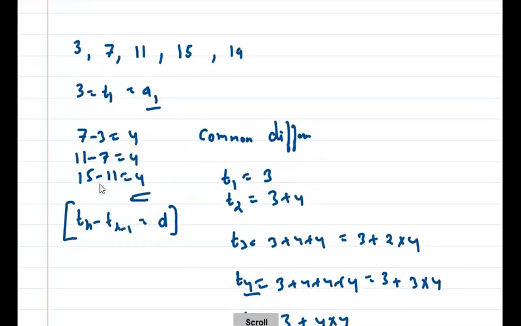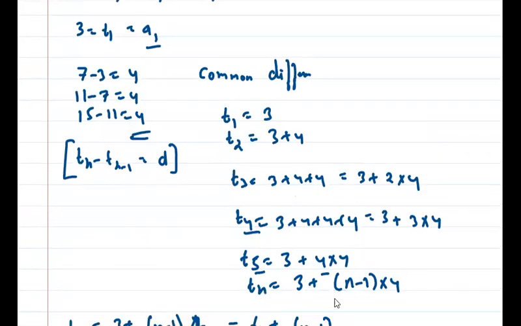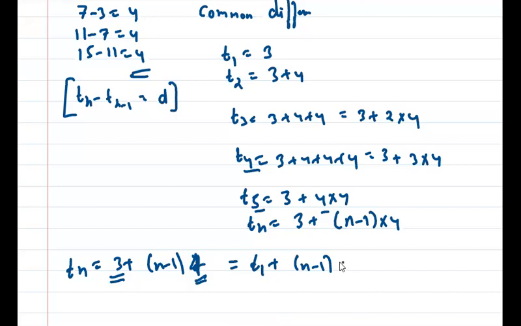Any two consecutive terms, right? Any two consecutive: T2 minus T1, T3 minus T2, T4 minus T3. So Tn minus Tn minus 1, which is equal to the common difference D. Now, don't you think that you got a formula? Tell me, yes or no?